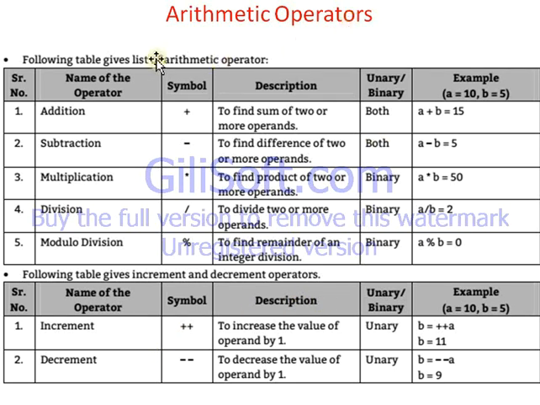They are used for basic mathematical operations like plus, minus, multiplication, division, modulus, etc. For example, the operator for addition is plus. The addition operator is used to find the sum of two or more operands. For example, a plus b, where a has the value 10 and b has the value 5, then the addition is equal to 15. These are all the arithmetic operators.